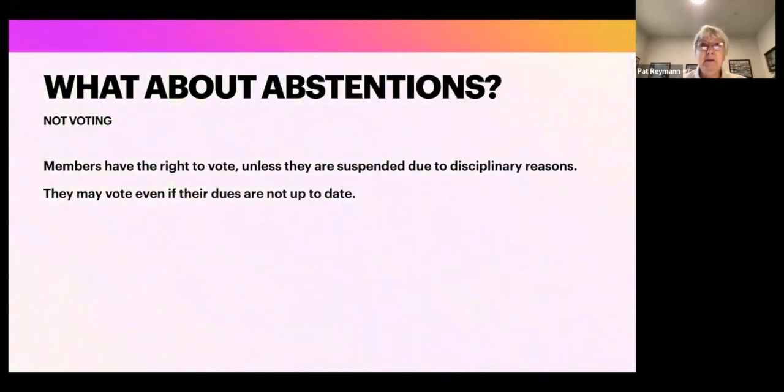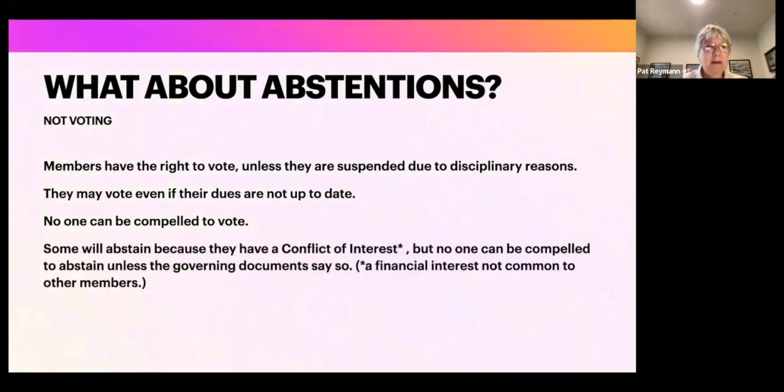And that's a little known fact. Unless you have something in your bylaws that says members must be current in their dues before they can vote. But in general, if someone is just kind of slow to pay their dues, they still get to vote. And of course, no one can be compelled to vote. So some people choose to abstain.